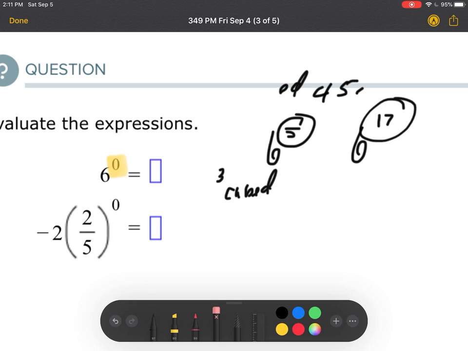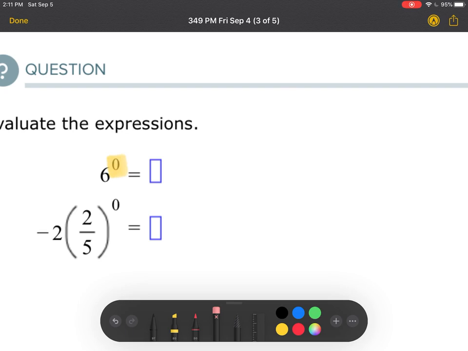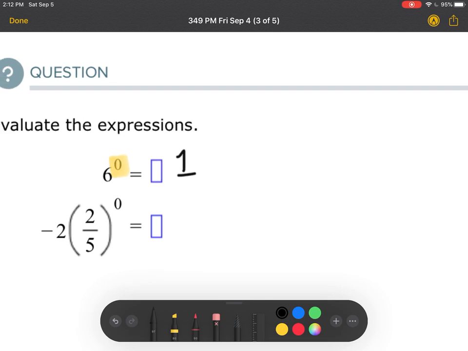That's why they just say to the power, so when you get past squared and cubed, you know exactly what they're talking about. So 6 to the power of 0 is 1. Simple and easy, that's all you need to know.